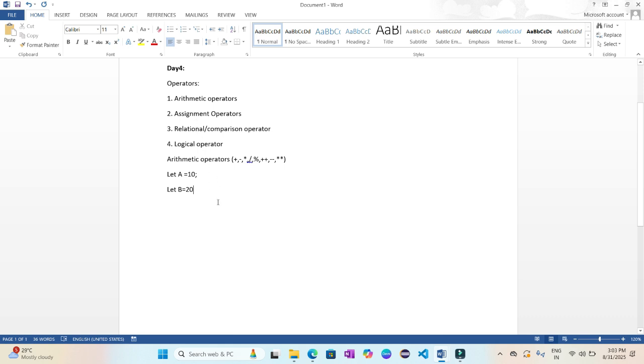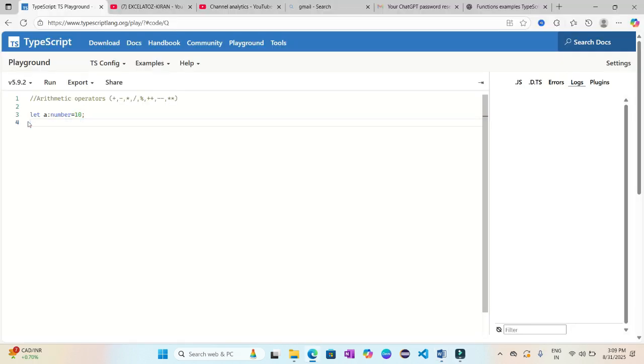Let's start our program so that you will get more idea. Let a number is 10, let b number is 40. Now we will see where we use the arithmetic operator plus symbol and how we calculate.